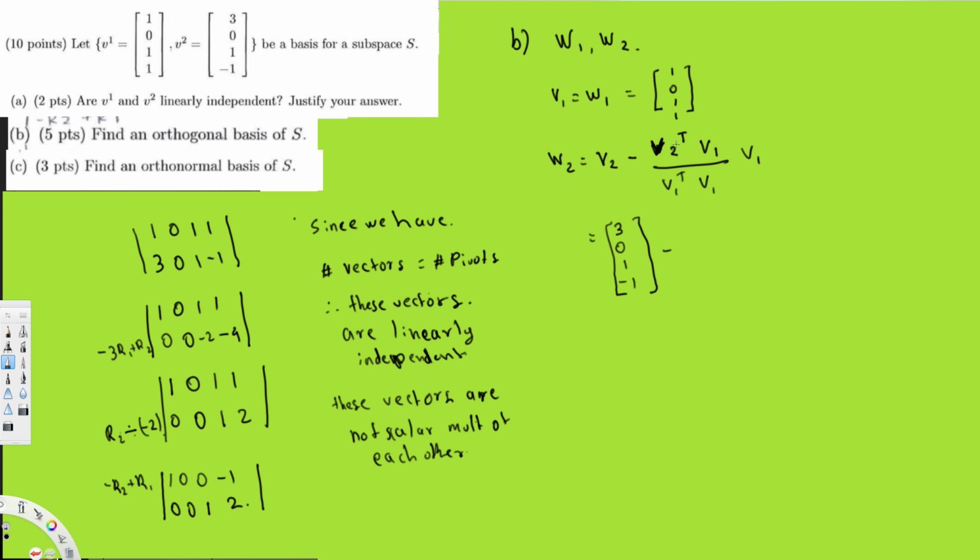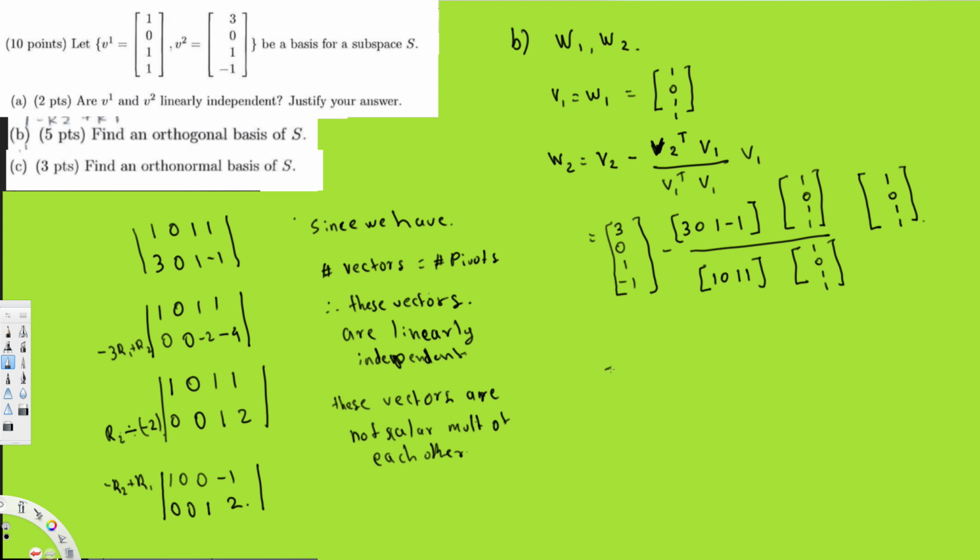So first of all I have to transpose this one. If I transpose this value, this will become 3 0 1 minus 1, and V1 is 1 0 1 1, and in the bottom we are going to have V1 transpose V1, which is 1 0 1 1 multiplied by 1 0 1 1.